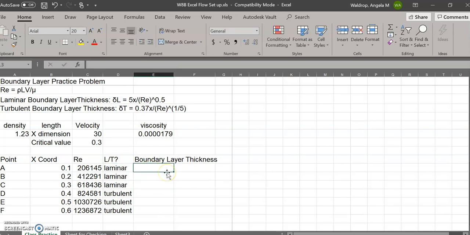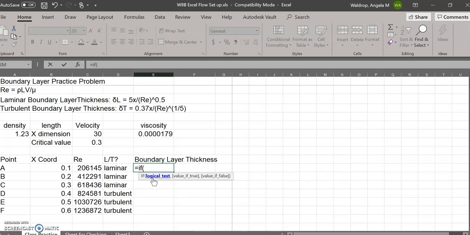Now I'm going to calculate my boundary layer thickness here using the logic that I just practiced again. I want to do that up at the top. That way it's easier to do. I'm going to say equals if, and in this case, I'm going to use the same exact logic test. I'm going to click on this value.